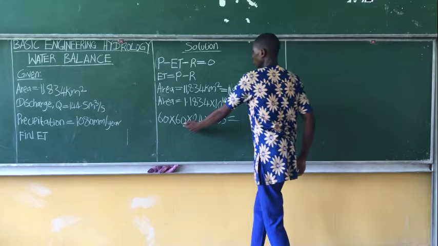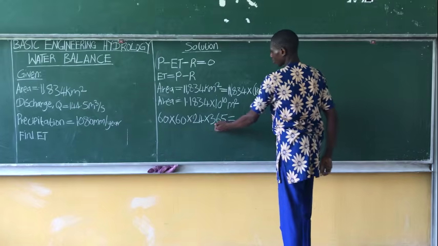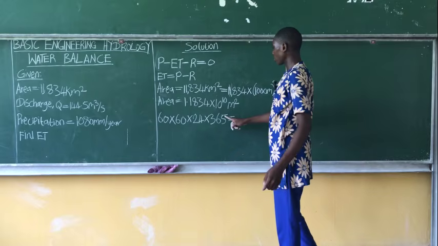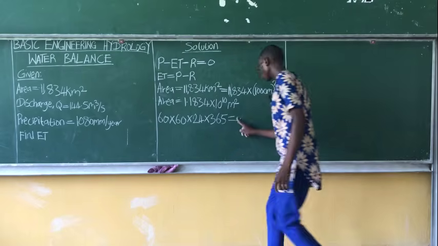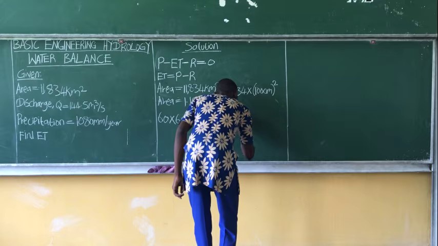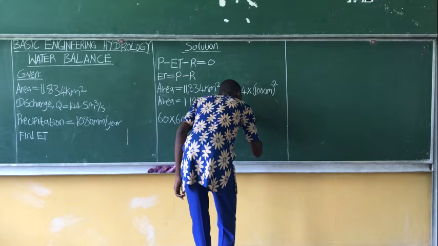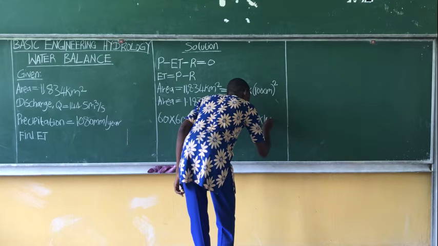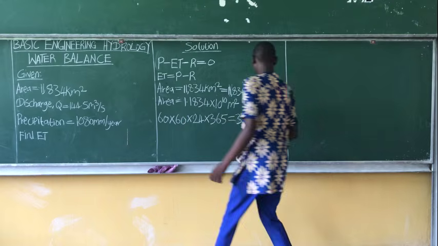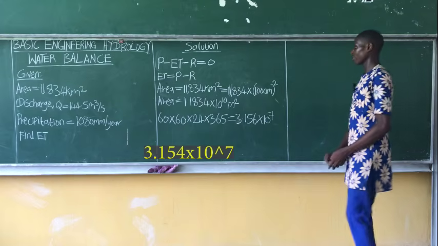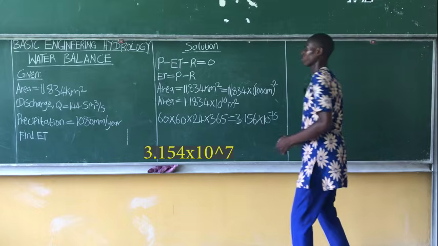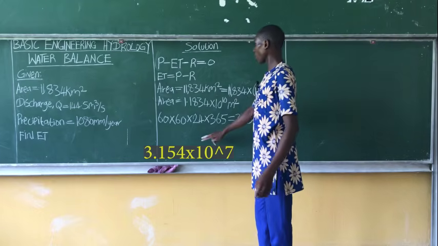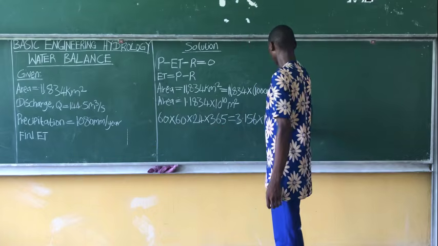So this is in minutes, in hour, per day, and in a year. So this is going to give us 3.15 times 10 raised to power 7 seconds.